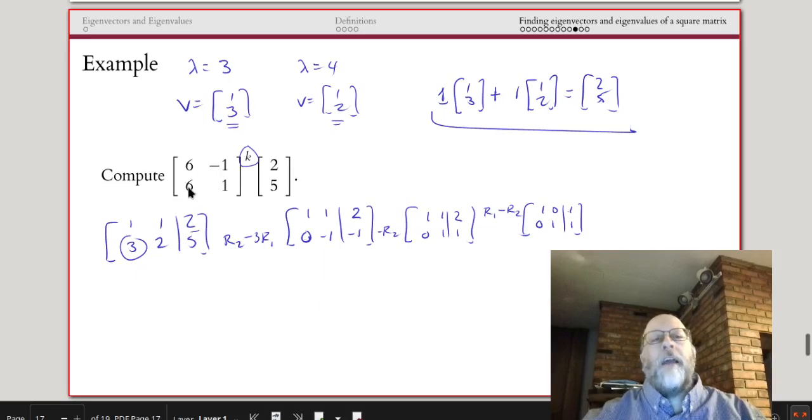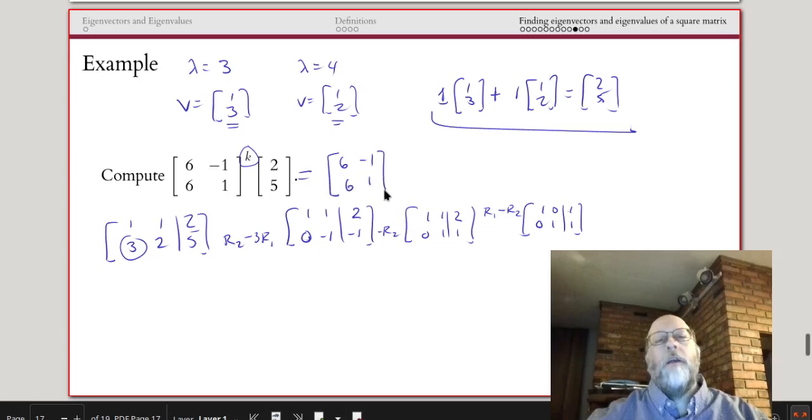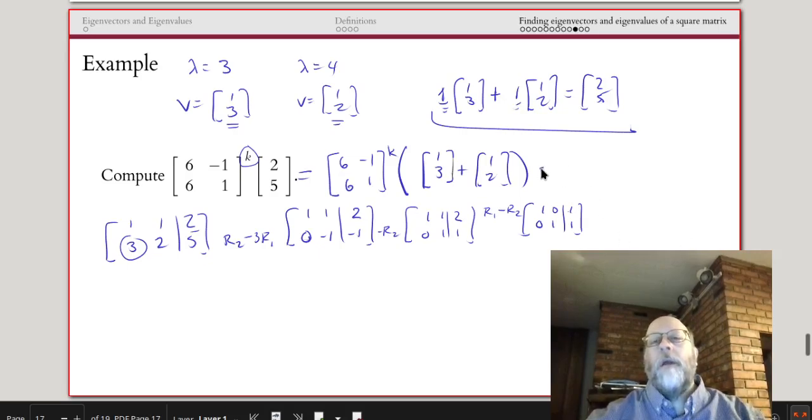So 6, negative 1, 6, 1 to the k power times 2, 5 is the same thing as 6, negative 1, 6, 1 to the k power times 1, 3 plus 1, 2. I'm leaving out the ones this time because they don't make a difference. And when I multiply this times 1, 3, it scales by 3 each time. So we get 3 to the k times 1, 3. And when I multiply 6, negative 1, 6, 1 times 1, 2, it scales by a factor of 4.